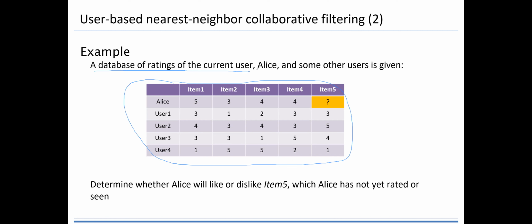A database of the current user, which is Alice, and some other users. We already selected only these 4 users as good for Alice's prediction. I want to determine whether Alice will like or dislike item 5, which Alice has not yet rated or seen.